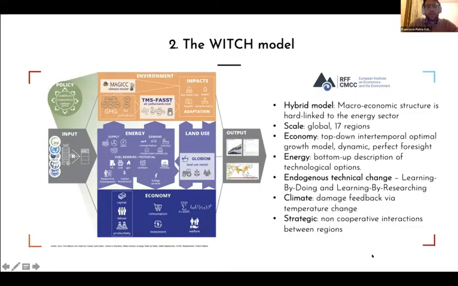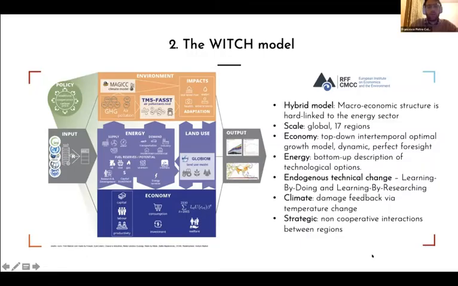So in order to investigate this aspect, we use the WITCH model, which links a top-down macroeconomic structure that is hard linked to a bottom-up energy sector representation. We have 17 regions, and one of the key characteristics of the model is that it has an endogenous technical change representation.